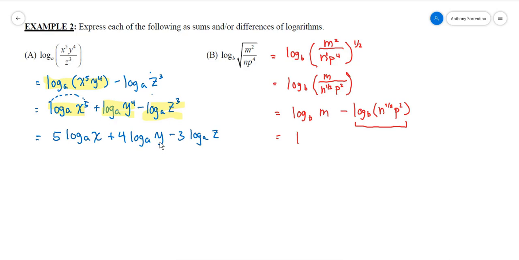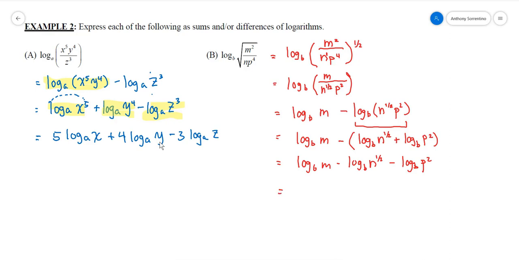So in this instance here, I'm going to have minus the quantity, the log base b of n to the 1/2 power plus the log base b of p squared. But this negative has to be distributed. So I'm going to have the log base b of m minus the log base b of n to the 1/2 minus the log base b of p squared.